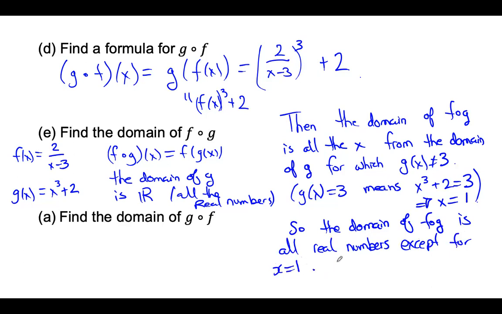So therefore, the domain of f composite g is equal to the real numbers, subtract that one point when x equals 1. This would be f, sorry. And I'll leave this last one as an exercise for you to do.